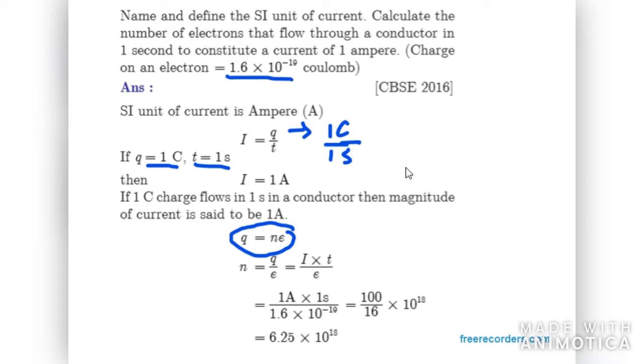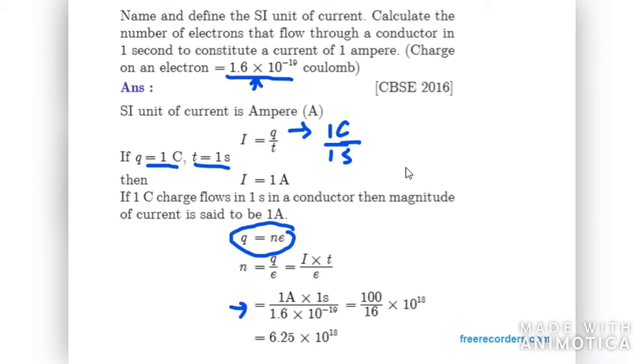So when we rearrange it, we get N equals Q over e, and Q can be written as I into T. I is given, that is 1 ampere, T is given, that is 1 second, and we have e as 1.6 into 10 raised to power minus 19.